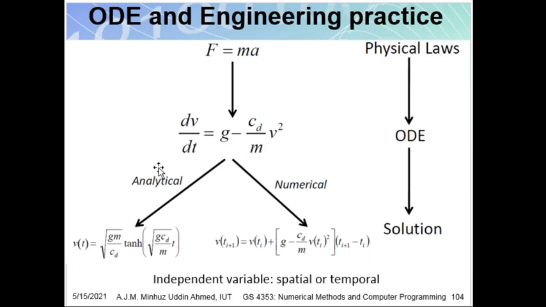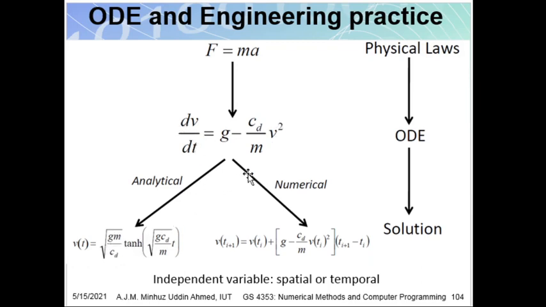Now if we take the analytical approach, it is a very tough task, not only for you but for almost everyone, because it is very complex to get analytical solutions for this type of equation.